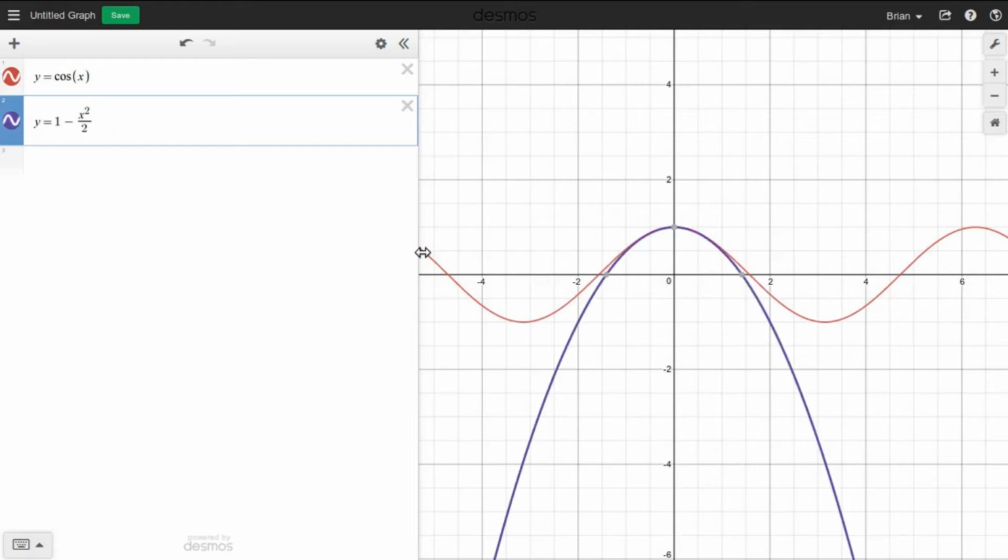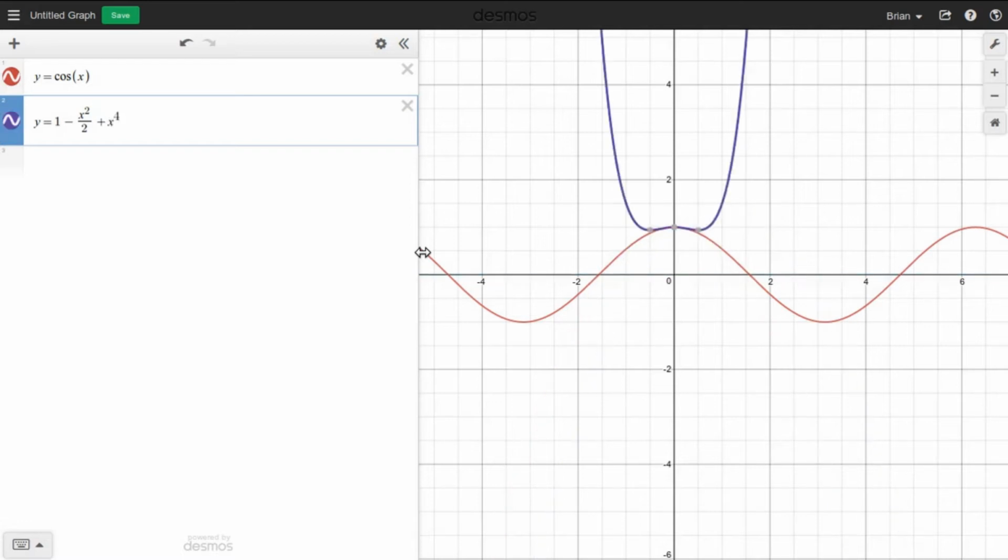So far we have this. So what's the next even option in a polynomial? Well, it would be x to the 4th. Clearly that's way too much x to the 4th. We were doing so well. Maybe we need to divide by, we divided by 2 before. What if we divide by 4? That is still not enough division.